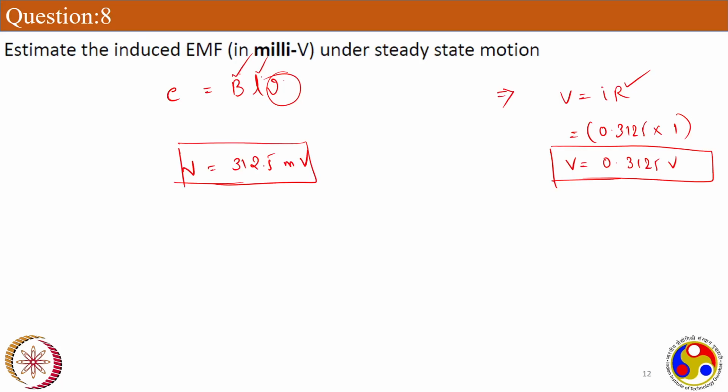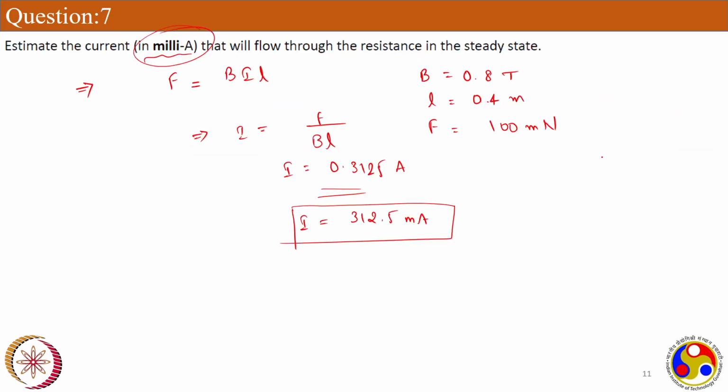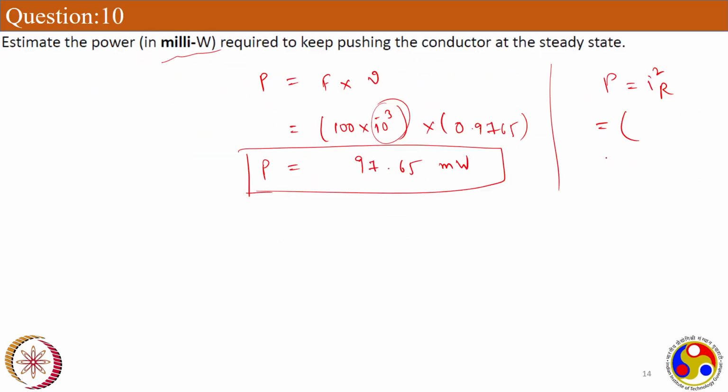What is the current we have got? 312.5 milliamps. So 0.3125 square multiplied by 1. So much we got? It's equal to 0.09765 watts. So again, it is 97.65 milliwatts.